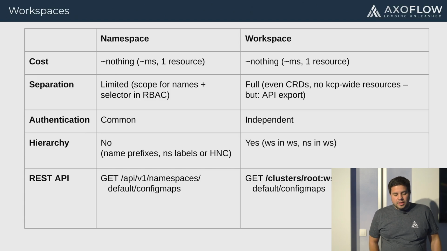I would note that there are different solutions to do something similar. So, of course, you can use name prefixes again for your namespace names. You can use labels, and also there is an extension to the namespace model called hierarchic namespace controller.